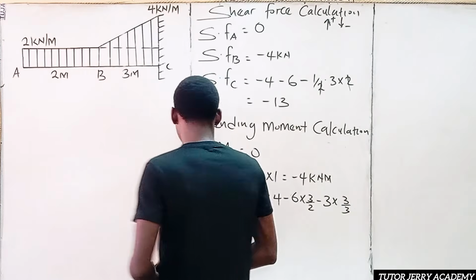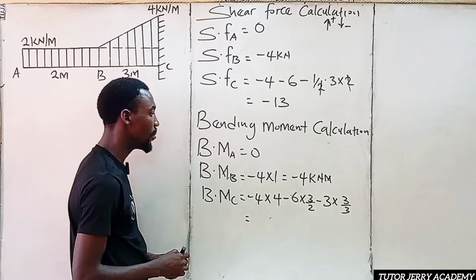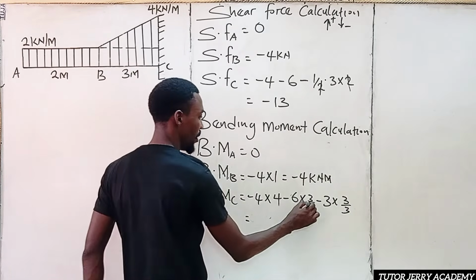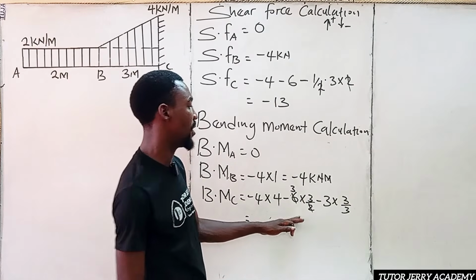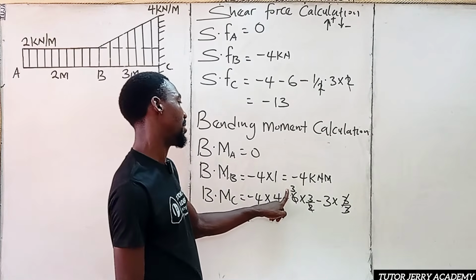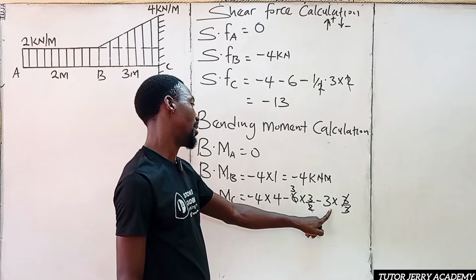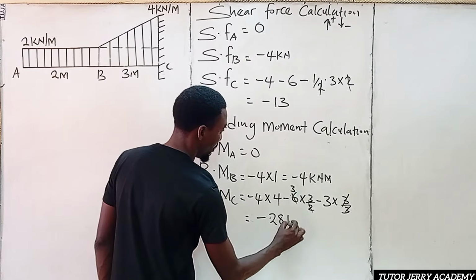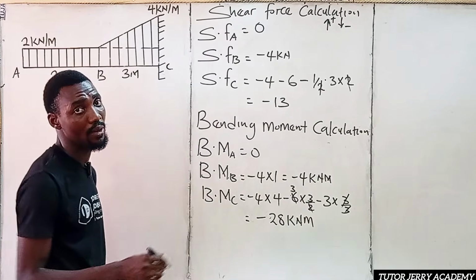So this is going to be equal to minus 4 times 4, which is 16, minus 9, since this 3 will go with this 3, and then minus 3. Minus 16 minus 9 minus 3 gives us minus 28 kilonewton meter. All right, so that's what we are going to have.